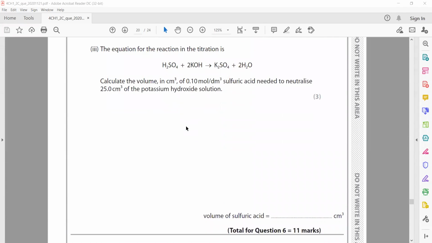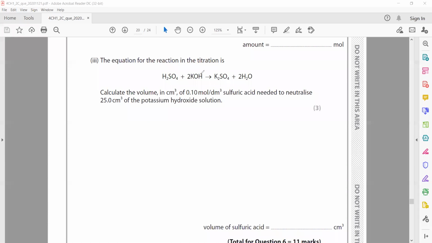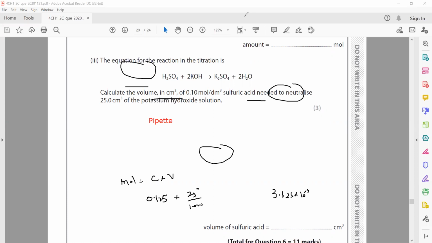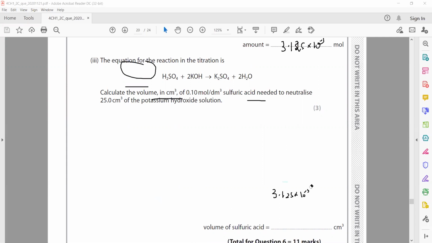We can find first the moles of sulfuric acid, because we need the volume of sulfuric acid that is reacted. So 0.1 mole concentration is there. In the previous part, we calculated the moles of potassium hydroxide, 3.125 into 10 to the power minus 3. Using these moles, we can use a ratio first to get the moles of sulfuric acid.